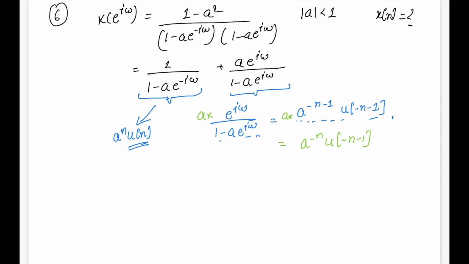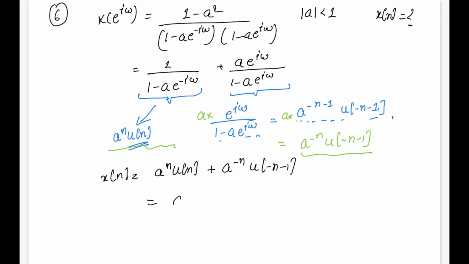So this plus this, the final expression of x[n] is a^n u[n] plus a^{-n} u[-n-1]. This is nothing but a to the power mod n.